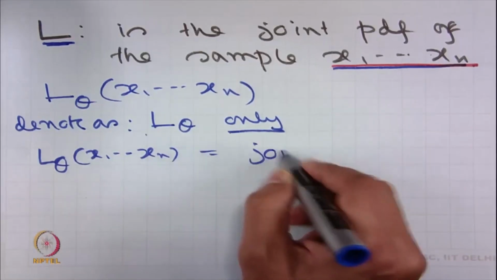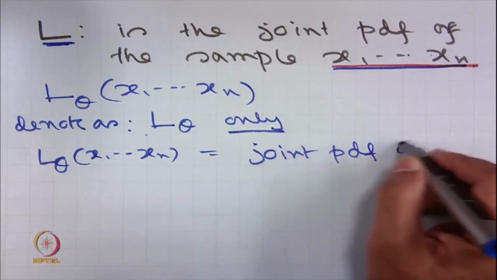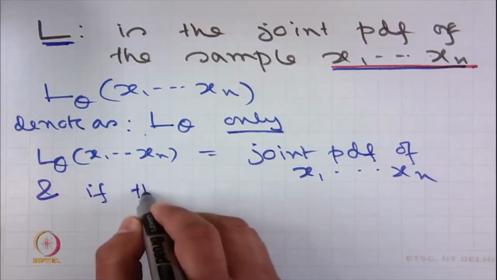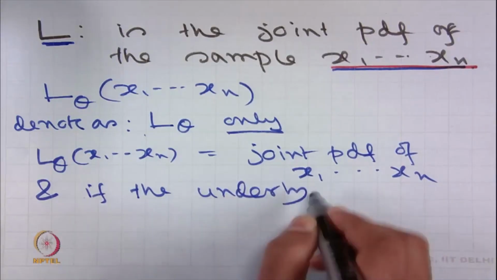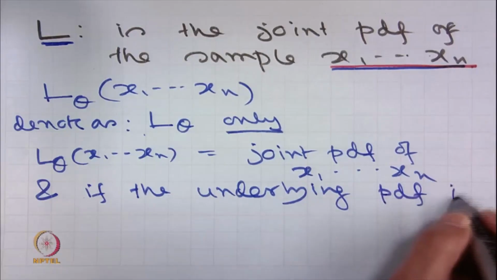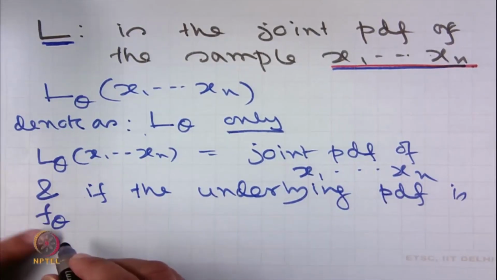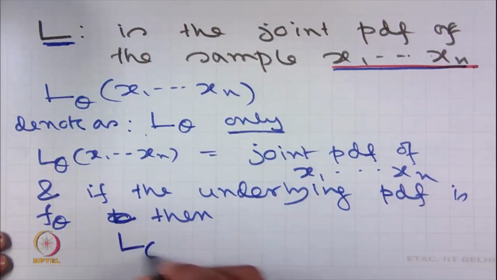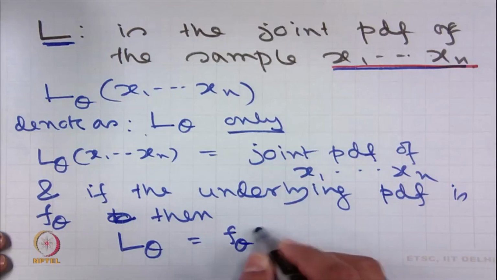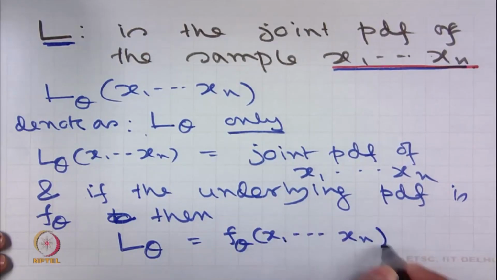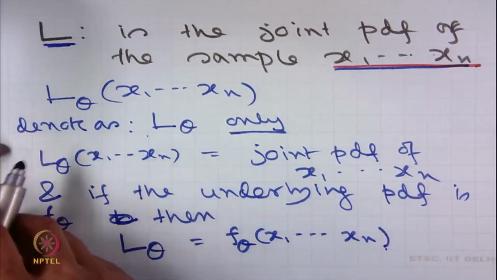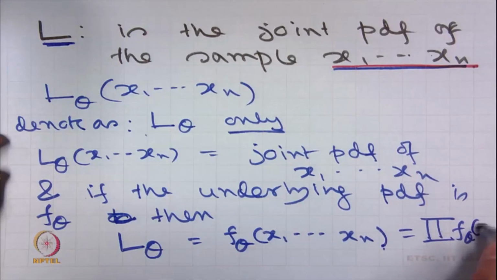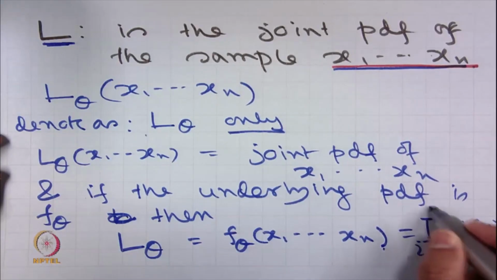It is the joint PDF of x1, x2, ..., xn, and if the underlying PDF is f_theta, because this is the PDF that involves theta, then L(theta) is equal to f_theta(x1, x2, ..., xn), and if they are independent, then we can write it as the product of f_theta(xi), i equal to 1 to n.